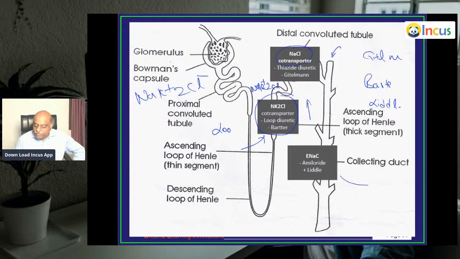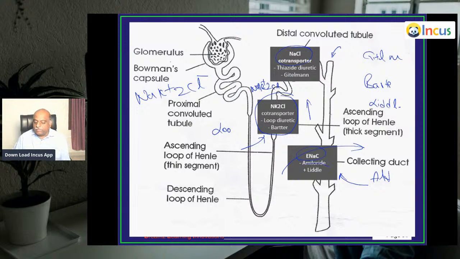Then Liddle syndrome is like a person where normally aldosterone will come and open up the sodium channel and cause sodium retention. But here, even without aldosterone, the sodium channel is constitutively hyperactive and it is open. So that is the whole problem.